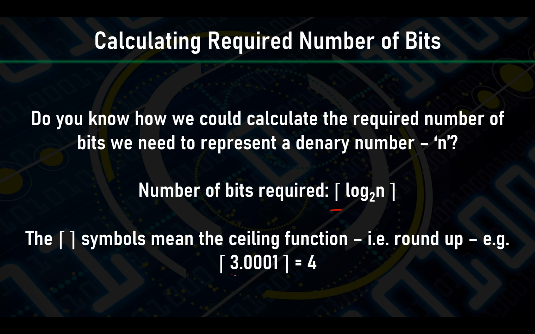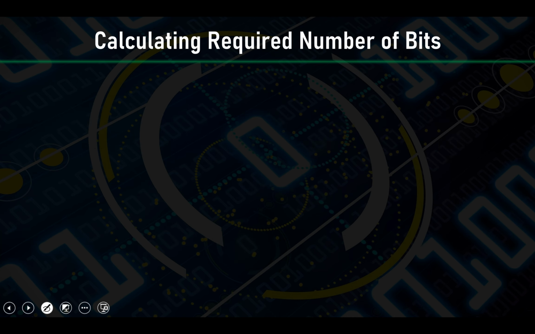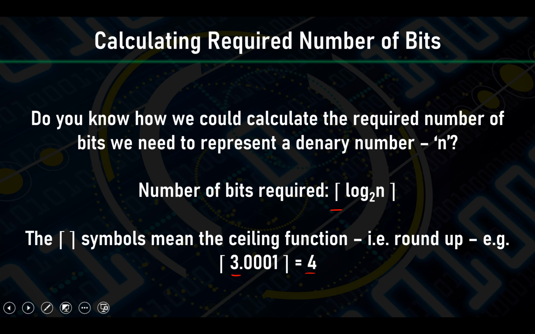So for example, the ceiling of 3.0001 is just going to round up to 4. And if you think about that, it makes sense because, let's say we want to represent the number 9. Log base 2 of 9 is going to be 3 point something, because 2 to the power of 3 is 8, and since 9 is bigger, it's 3 point something.